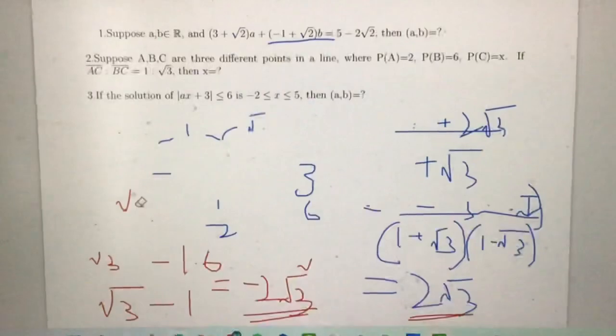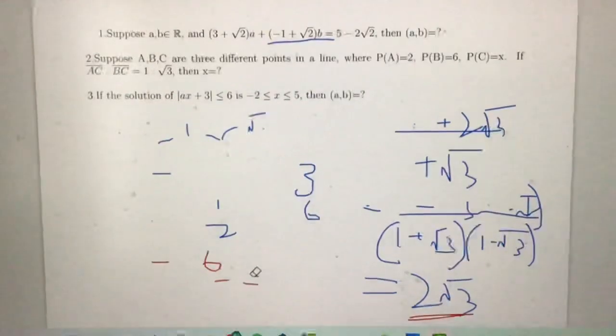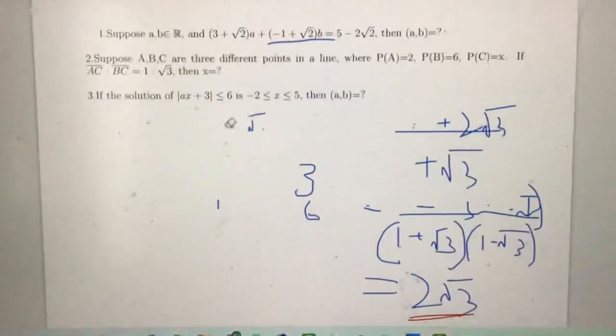Okay, so question 3. This is the question of absolute value. So it says if the solution of the absolute value of ax plus 3 smaller or equal to b, this is B, not 6, this is a typo here, the answer of this one is x is smaller or equal to 5 and larger or equal to minus 2.